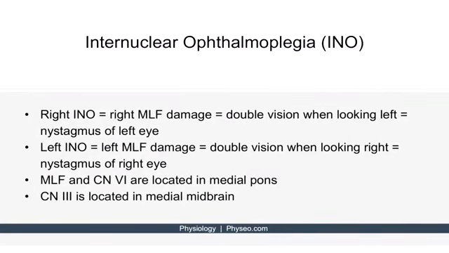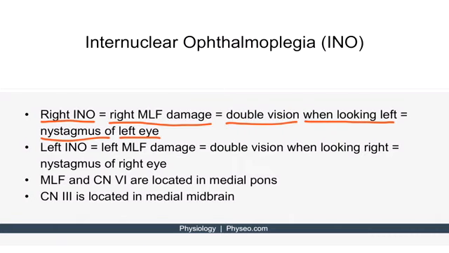Now to review, internuclear ophthalmoplegia. If you have a right internuclear ophthalmoplegia, then you have right medial longitudinal fasciculus damage. You get double vision when looking to the opposite side, so looking left. And then you will get nystagmus of the left eye. Recall that nystagmus is repetitive, uncontrolled movements of the eye.